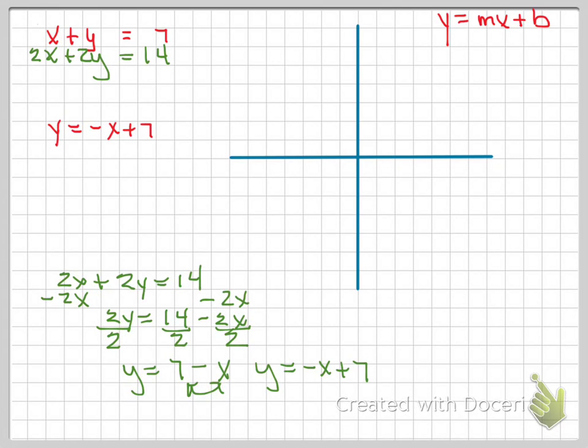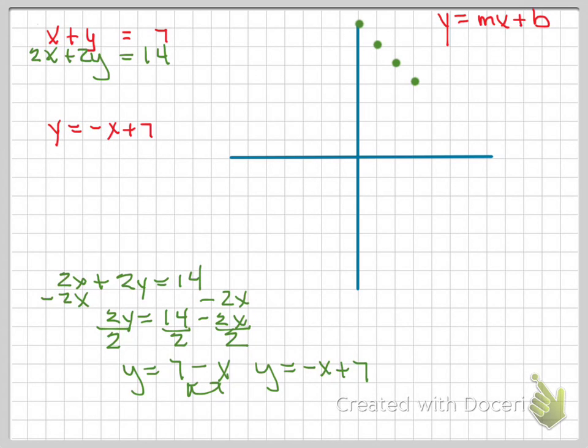Okay, I'm going to go ahead and plot that quickly. So I know my y intercept is going to be at 7, which is right on the top here of my line. And I know that I'm going to have to follow a pattern of negative 1 over 1, so rise over run. So I'm going to fall down 1 and go over to the right 1.